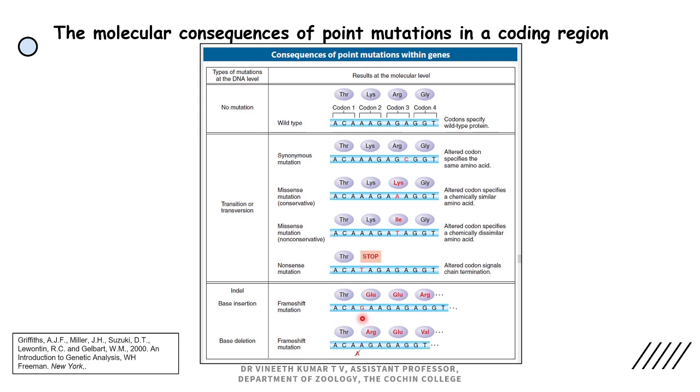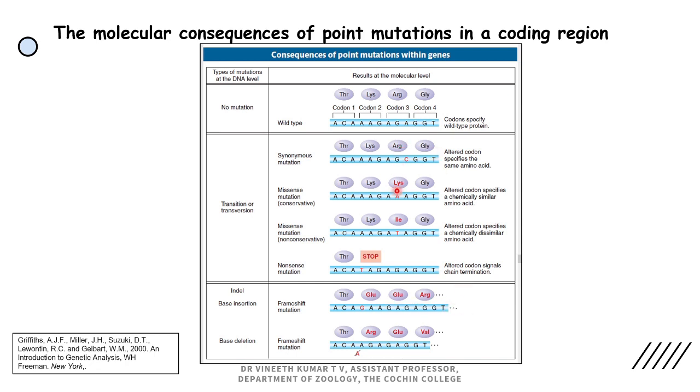So instead of reading AAG, because a G is inserted, now for adding this amino acid the ribosome will read GAA. So the normal reading frame is now changed. The ribosome has the property to read only three letters at a time, so when G is inserted, it will change the entire reading frame.